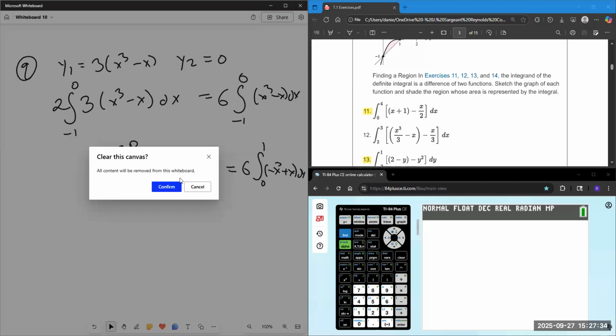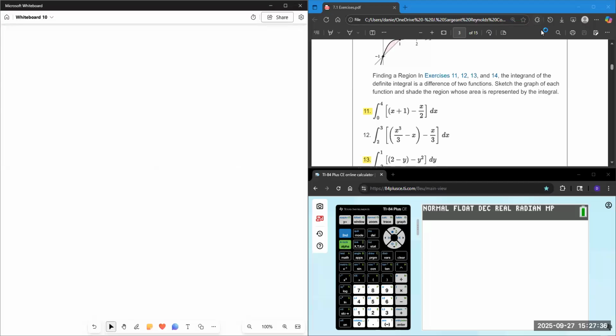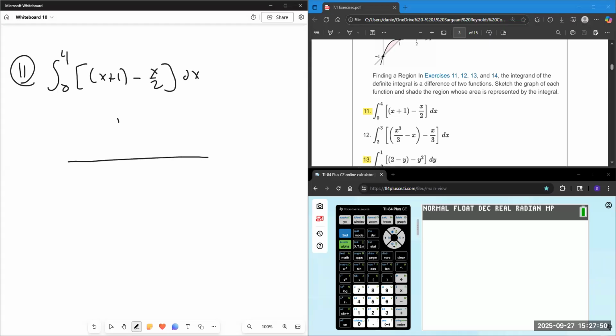This will be sketching the region. They give us the integral now, and they want us to go backwards and find the region that it represents. So I have y-intercept of 1, slope of 1, up 1, right 1.